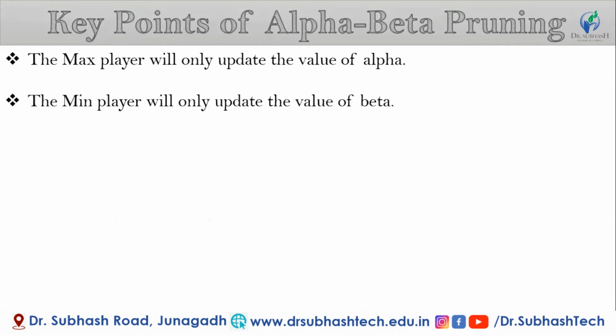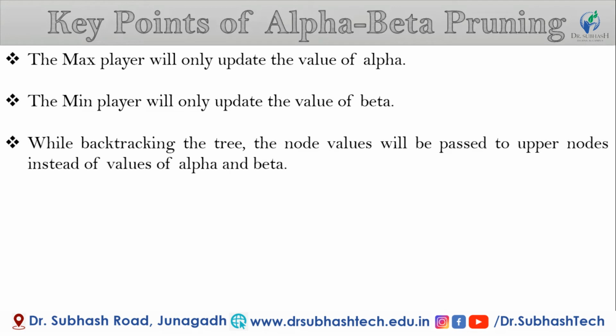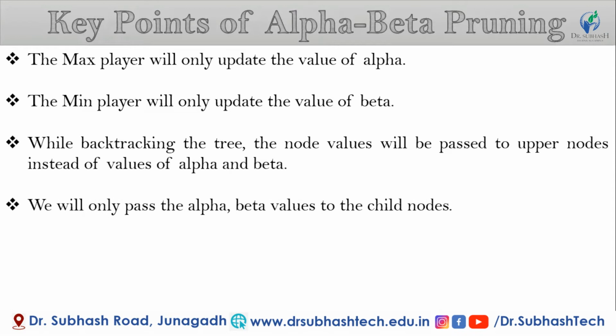Next, the min player will only update the value of beta. While backtracking the tree, the node values will be passed to the upper nodes instead of the values of alpha and beta. And we will only pass the alpha and beta values to the child nodes.